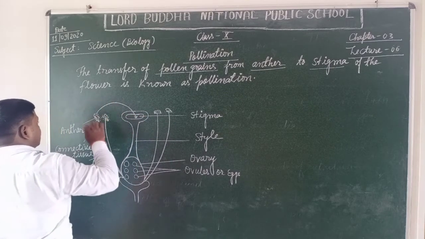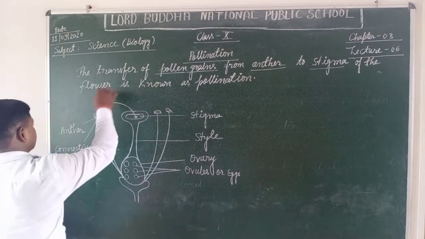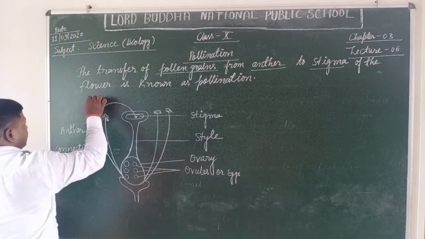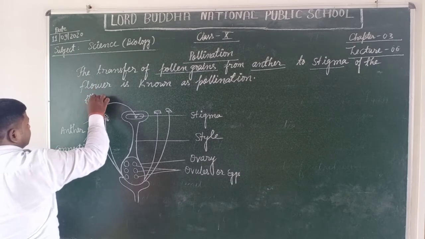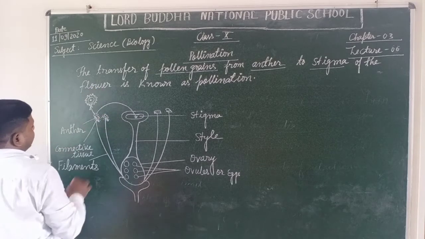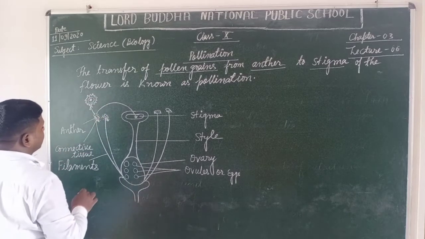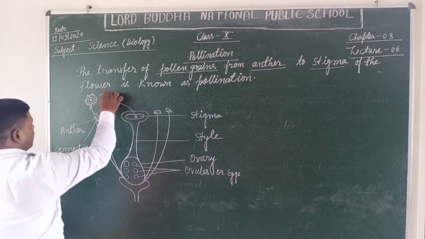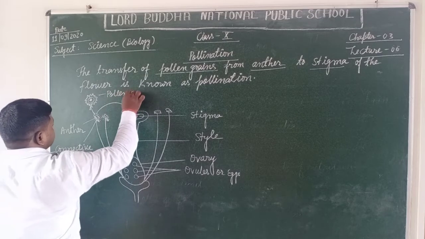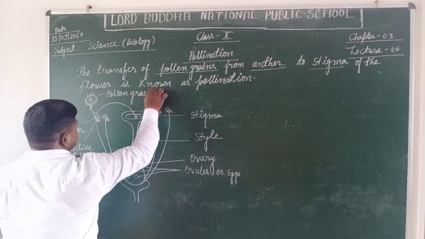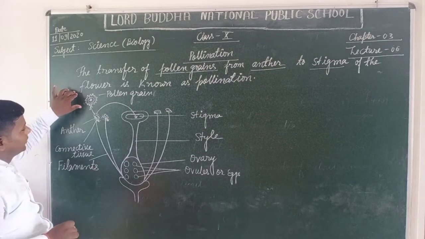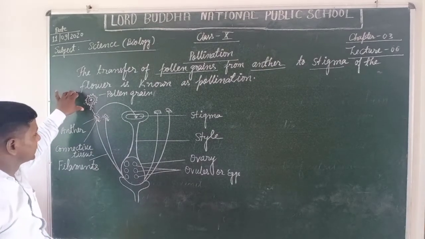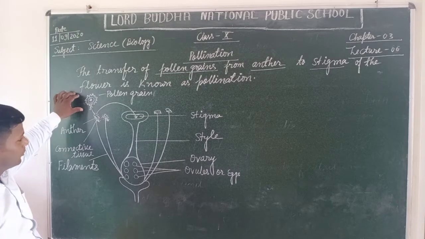If we draw an enlarged shape of such a grain, it has an intine and an exine membrane with a central nucleus. This is the pollen grain, the male gamete. It is also known as the microspore.